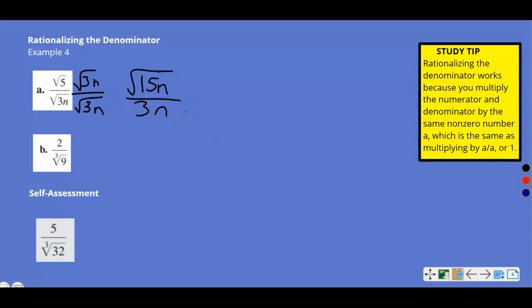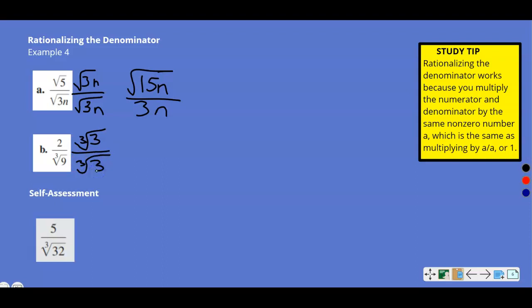All right, the next one says 2 over the cube root of 9. So remember, when we have a cube root, you've got to have a multiple of 3. So 9 is 3 times 3, so we need the cube root of 3. We need one more 3 there. So we're going to multiply the top and bottom by the cube root of 3.